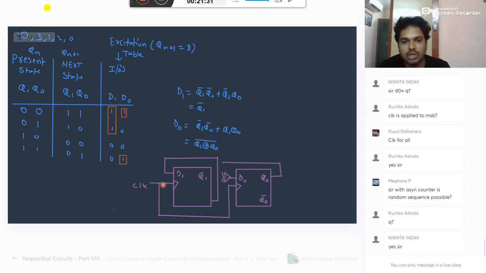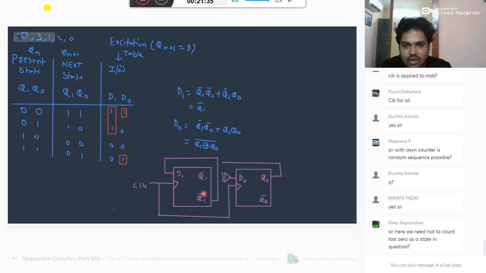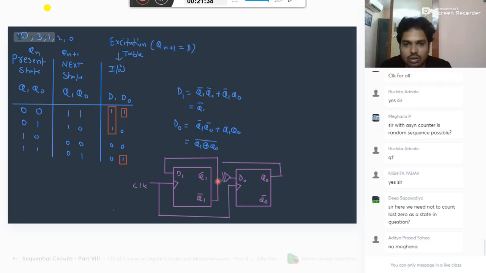Here, that rule is not applicable. Clock applied to only the LSB is for asynchronous only. You can take XOR also by taking one of the inputs as complement. You know it.